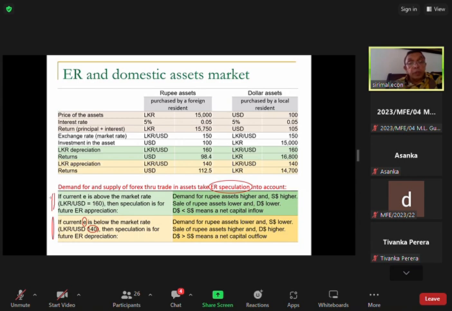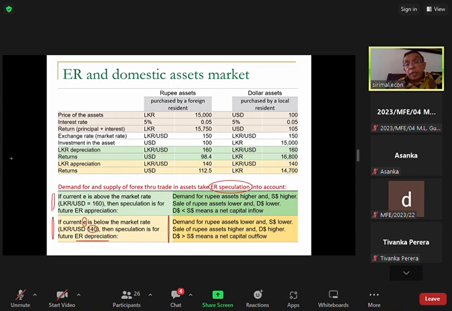That is speculation. You are speculating what the future exchange rate will be. If you are speculating a depreciation, then this would be the result.